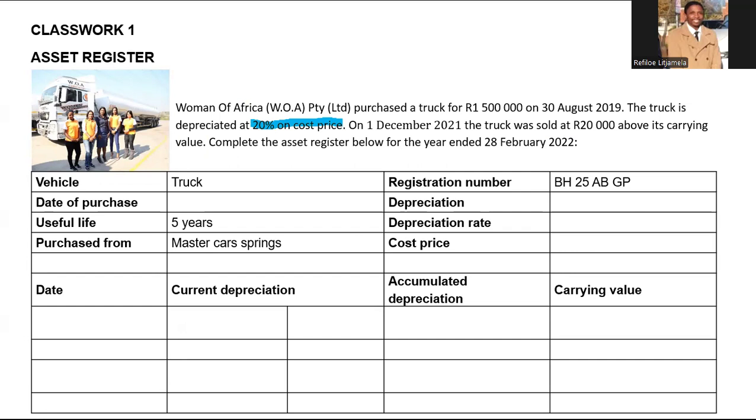Note that if our financial year ends on the 28th of February, it means it started on the 1st of March. Let's look at the year this asset was purchased. This asset was purchased on the 30th of August 2019. After the 30th of August 2019, the next Feb will be the 28th of Feb 2020.